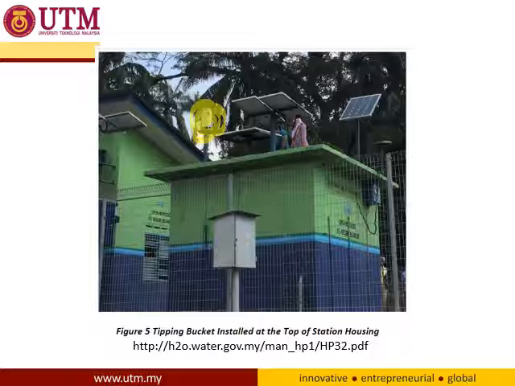It doesn't have to be at a high place, but the radius from the center or the location of the rain gauge should be clear from other tall objects, just to make sure that the wind does not affect the amount of rainfall being collected. Okay, so this is an example from the Department of Irrigation and Drainage.